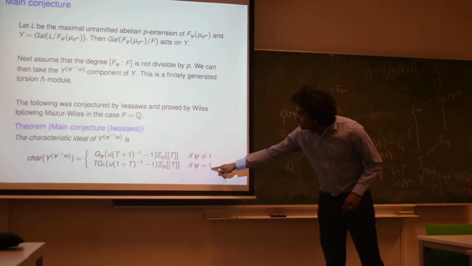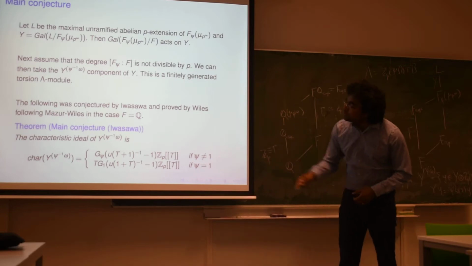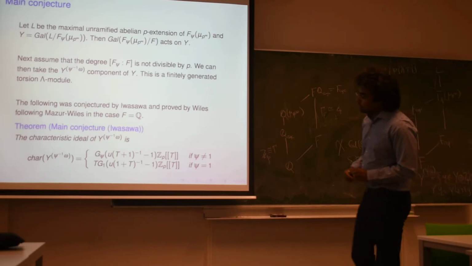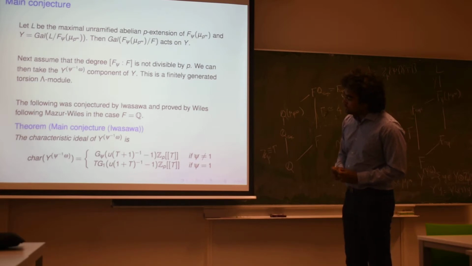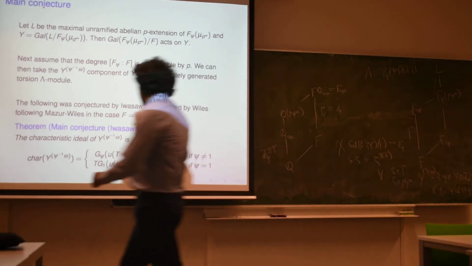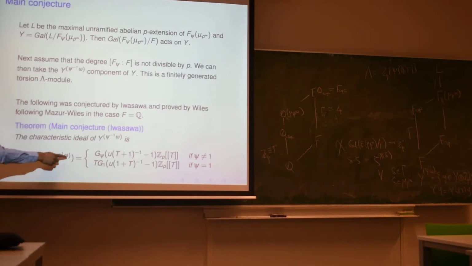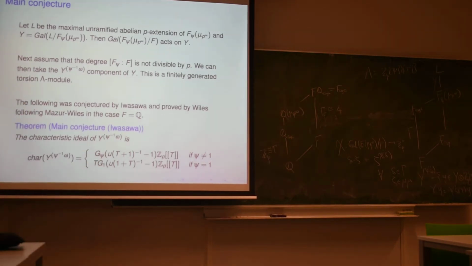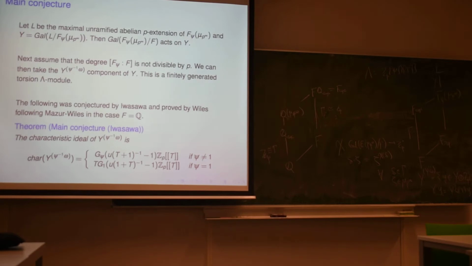So here, for psi equal to 1, I have to include this t to get rid of the poles that are conjecturally there. So again you see this twist: I have psi here and then psi inverse omega, and then t goes to, so that instead of t, I have u(t+1) inverse minus 1.